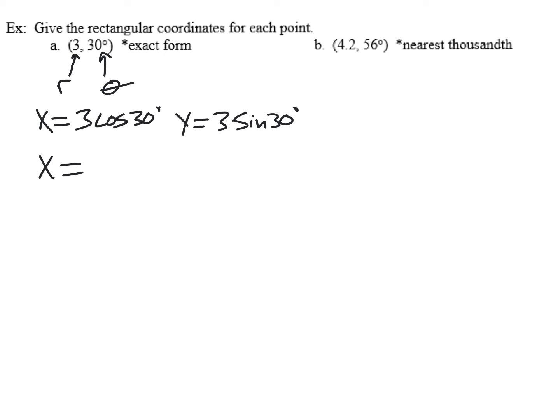These formulas are pretty straightforward to use. You just plug in R and theta. Really, the only question is, you're going to use a decimal approximation from the calculator or an exact.